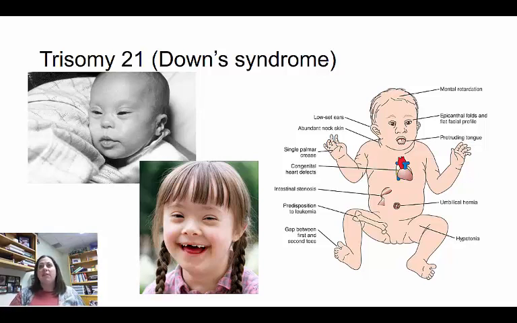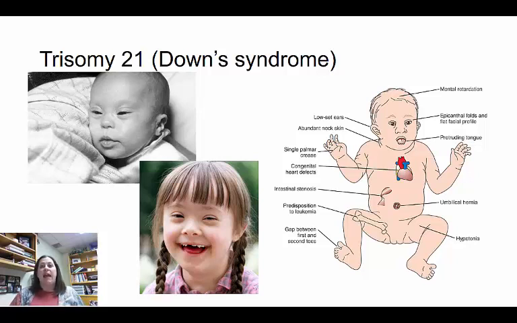Now, there are some other things that can be present as well. They can have what we call a single palmar crease, which is known as a simian crease. They can also have intestinal stenosis, where their intestines is not as wide as it should, which can cause digestive system issues. They also do have a higher predisposition to leukemia, which is a type of cancer.